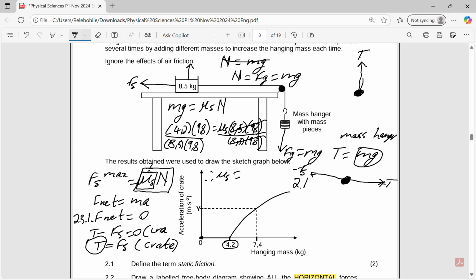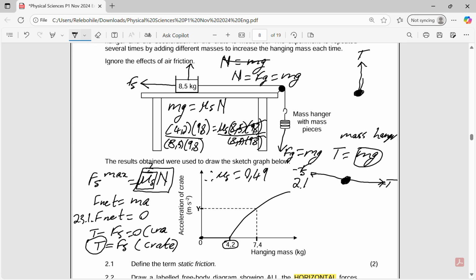So I'm just going to say 4,2 in brackets multiplied by 9,8 divided by 8,5 multiplied by 9,8, all of that in brackets, and the value I get, guys, is going to be 0,49.